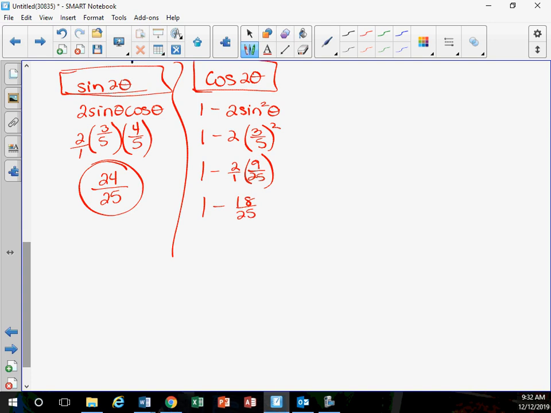What should I turn that 1 into? Okay, 25 over 25. So what do I get? 7 over 25, yes. Yes, you can add and subtract and multiply without a calculator, guys. You got this.